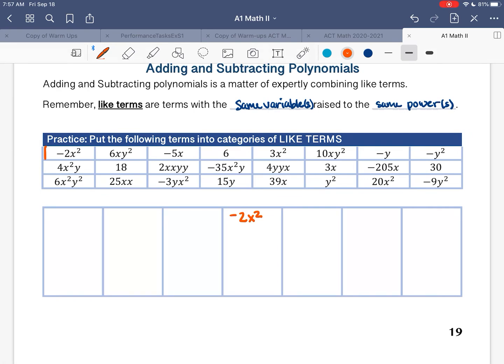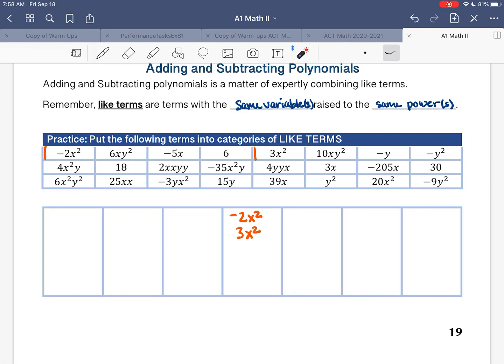What I'm looking for is all of the terms with x raised to the same power, which is squared. As I go through here, I see that this 3x squared also has an x squared and nothing else. And as we scroll down the line, let's talk about this one for a second. This one says 4x squared y. That is not considered a like term to what we already have because it has a y.